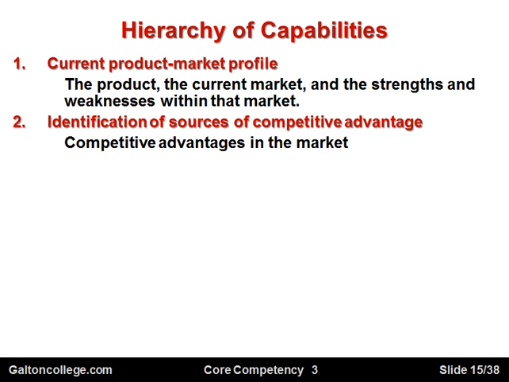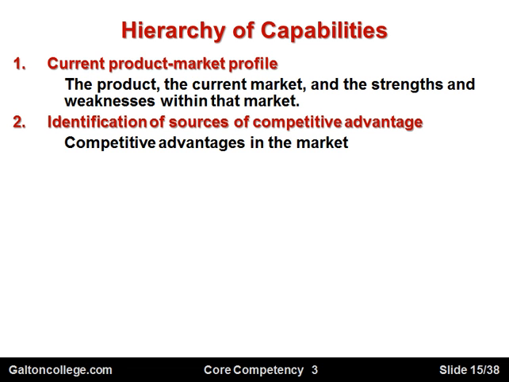Secondly, we have the identification of sources of competitive advantage. What exactly are the sources of competitive advantage? What gives the business the chance to outmaneuver other businesses in the same market? What is it that the business has got that perhaps other companies haven't got?